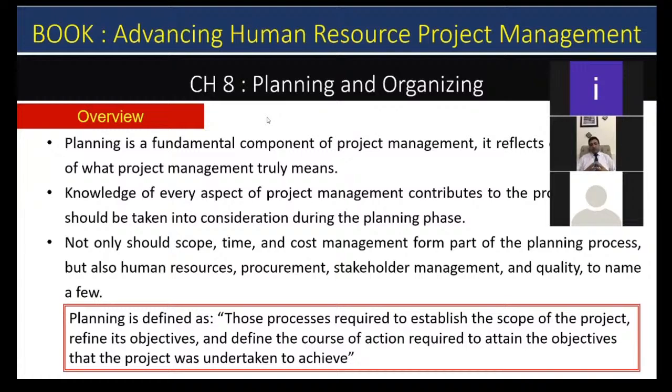That's why project planning is a main pillar in project management. In this chapter, we will give you a complete overview of the project planning process, with insight into project management, particularly focusing on human resources in project management. Next slide, please.